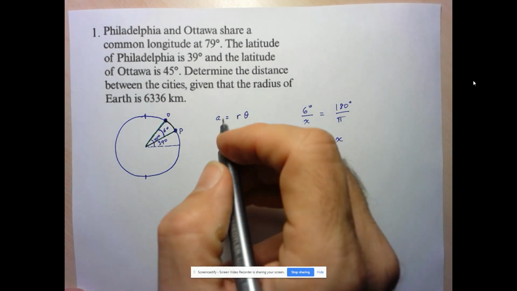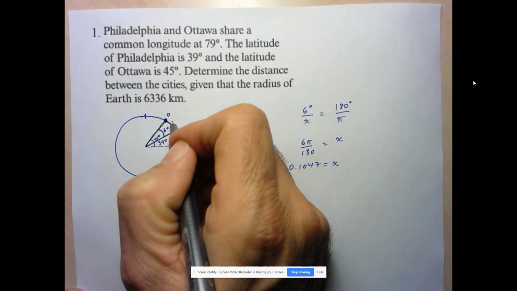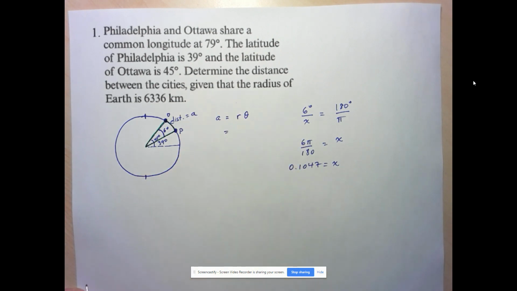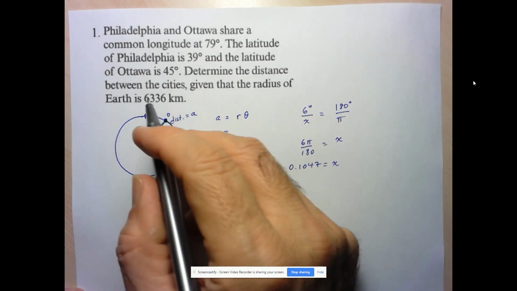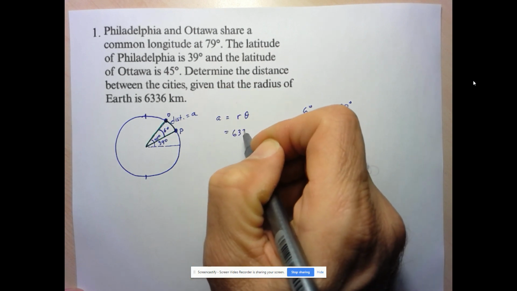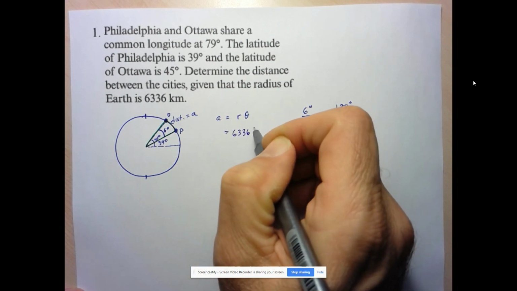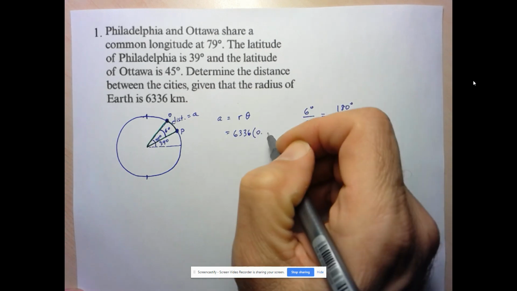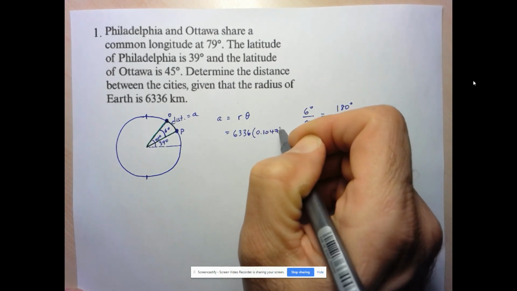Now I can apply my formula, because we realize that the distance I'm looking for is just equal to the arc. So this is going to be the radius, which is 6336, times the angle in radians, which is 0.1047.